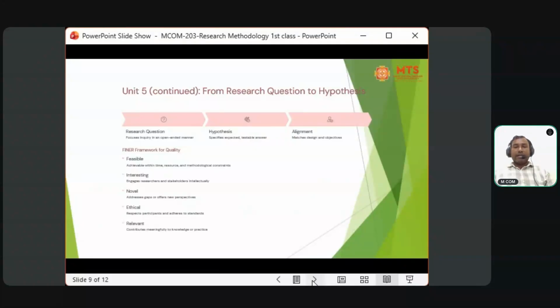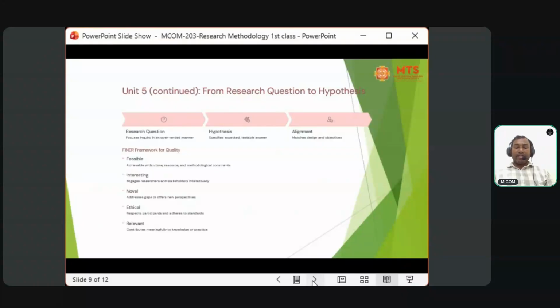So we have already known the types of hypothesis, null hypothesis and alternative hypothesis. And there is another type, simple hypothesis. This shows the relationship between two variables only, and there is another, complex hypothesis, which shows the relationship between more than two variables.